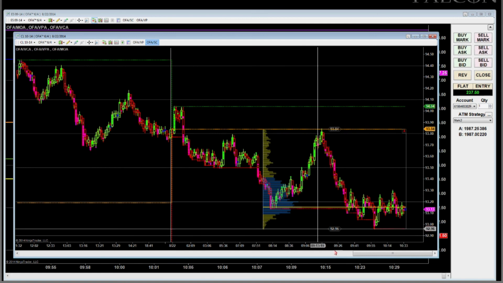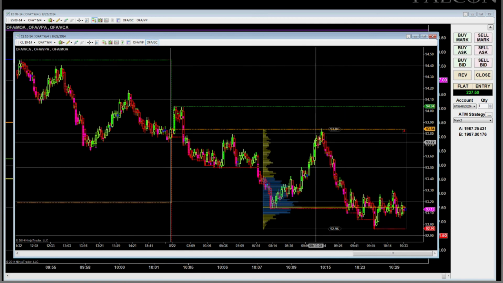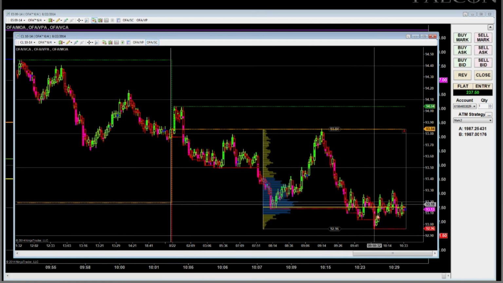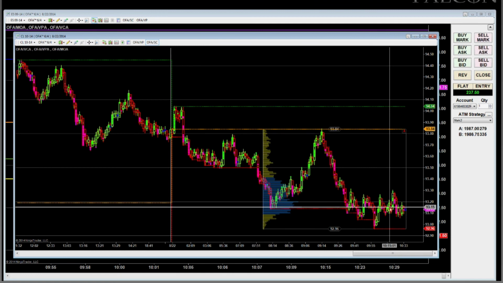So my context is, we had a big move up, came back down, now we're rotating. The question I have is: is this balance to move lower, or is this the other side stepping in, holding more sellers?